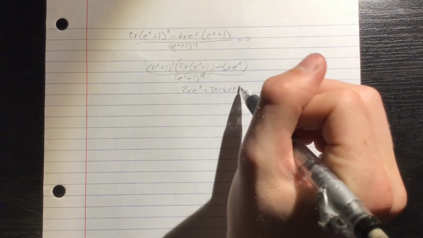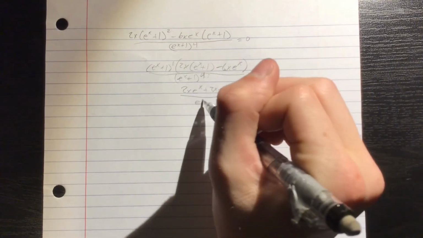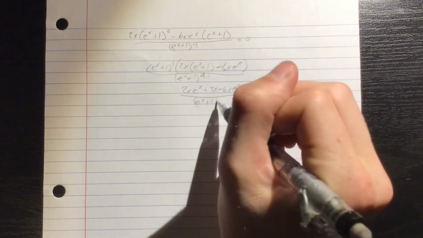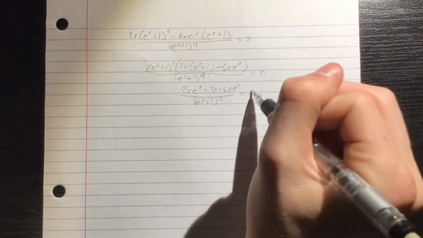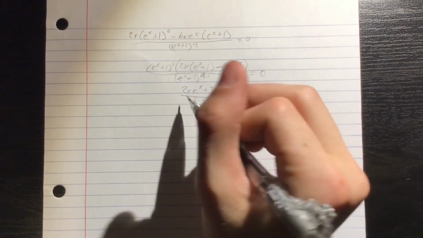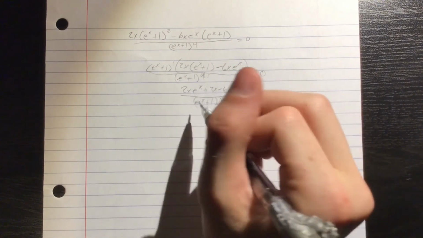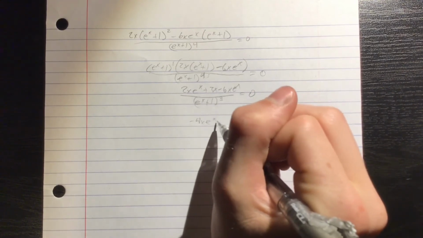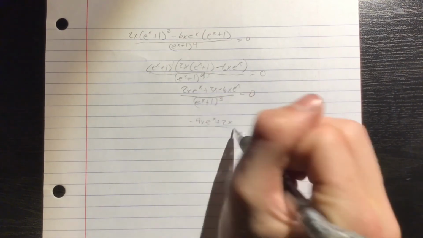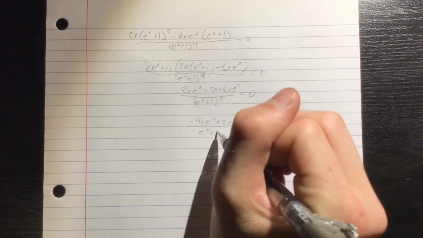That's still the same. And on the bottom we have e to the x plus 1 cubed. And we can combine like terms. Sorry, this is equal to 0. We can combine like terms in the numerator. 2 minus 6 is negative 4x e to the x plus 2x over e to the x plus 1 cubed.